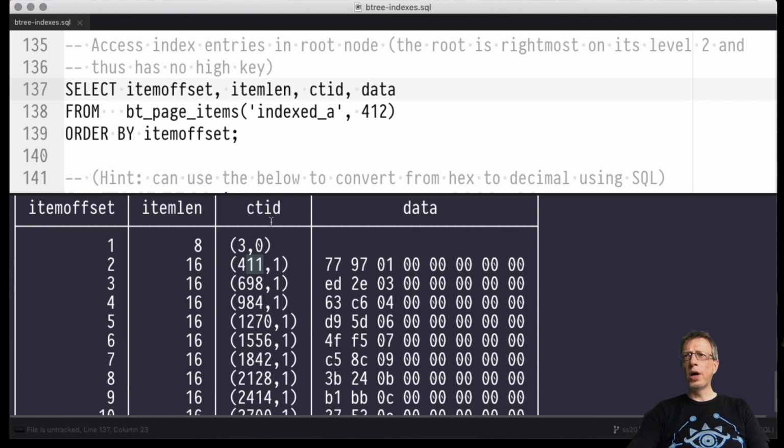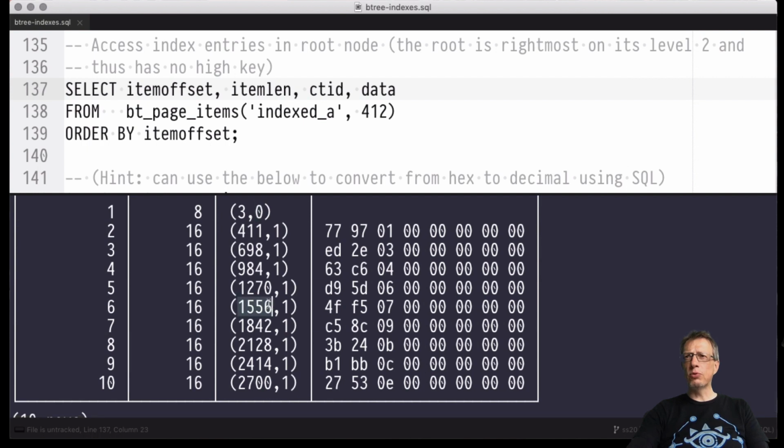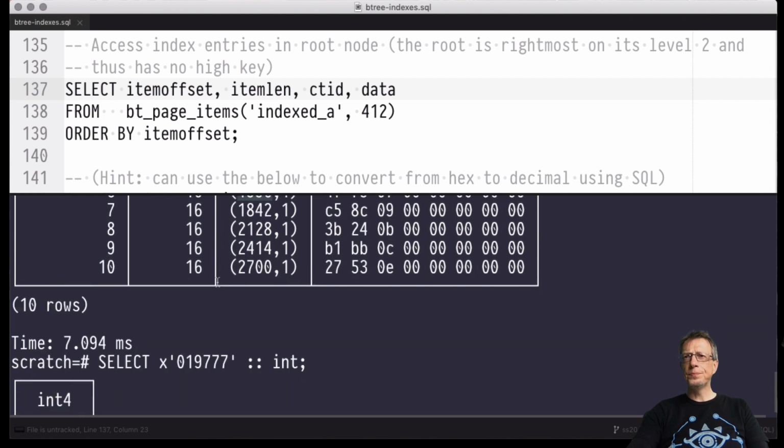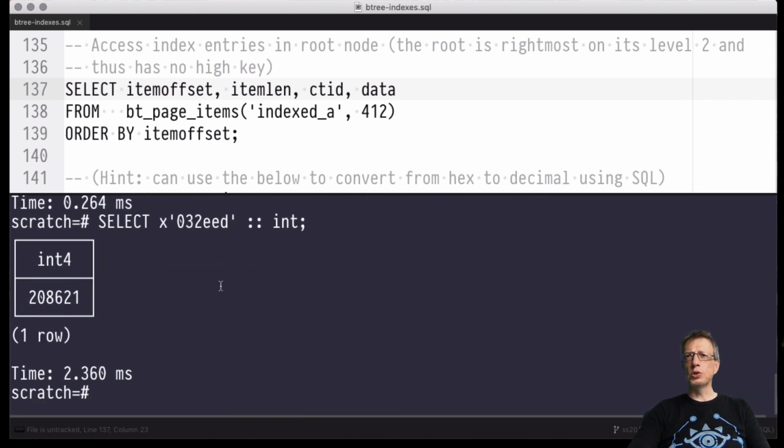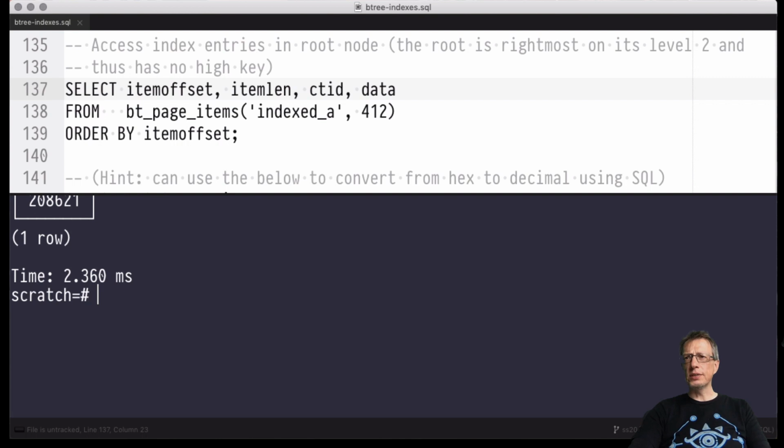So these are row IDs or CTIDs, but please disregard the zeros and the ones that you see. The only interesting information is the page number. And here you can indeed see the 16 bytes of index entry size that we have assumed as we made the back of the envelope computation. So we were not too far off, I guess.